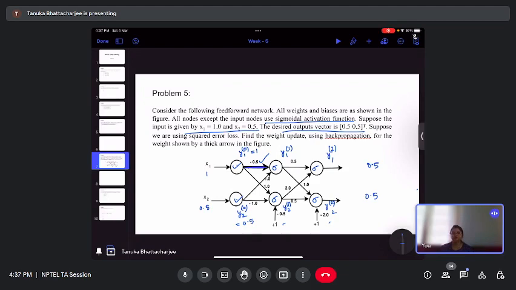Now you want to compute y11. Here y10 is connected through minus 0.5 and y20 is connected through 1. So you have sigma of the sum of wij yj.